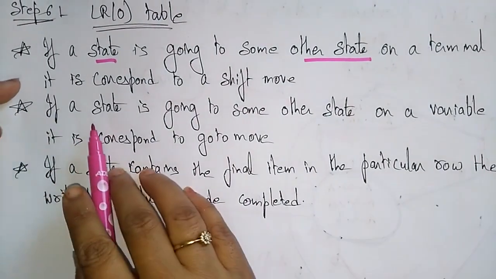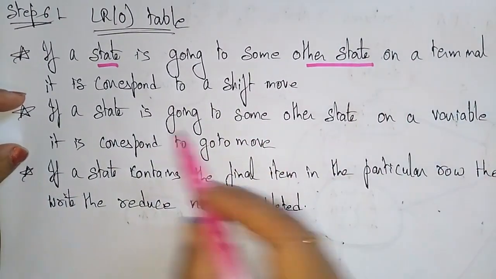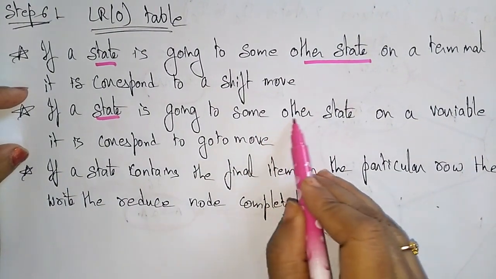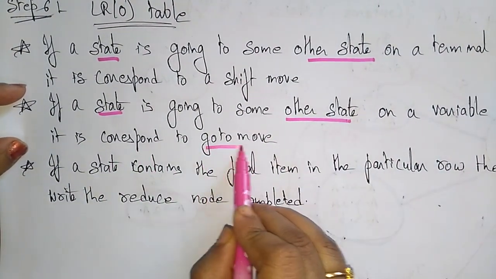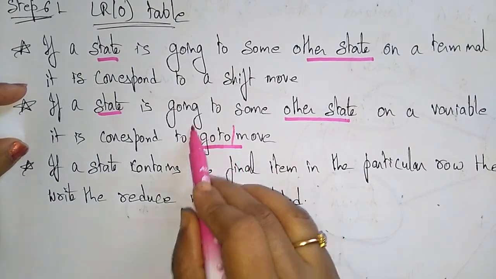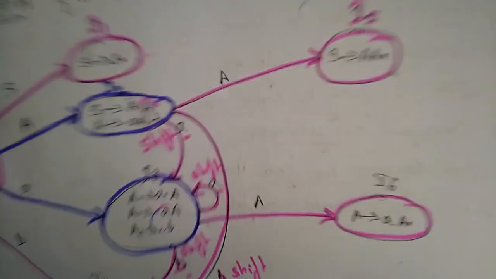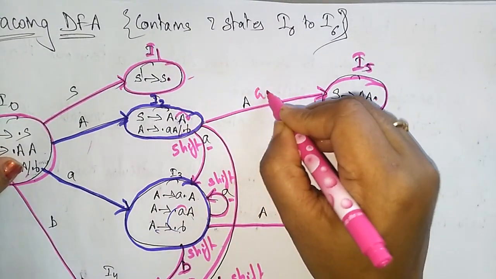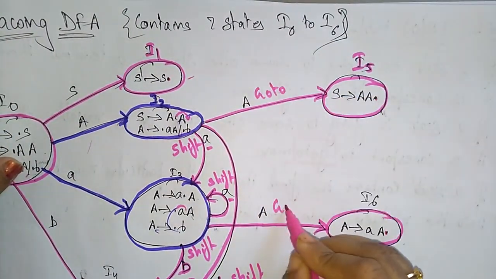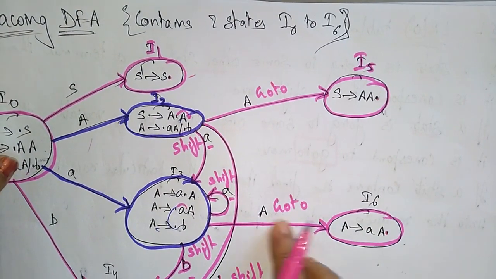Remember that. If a state is going to some other state on a variable, then it corresponds to a goto move. If a state is going to another state on a variable, we call it a goto.